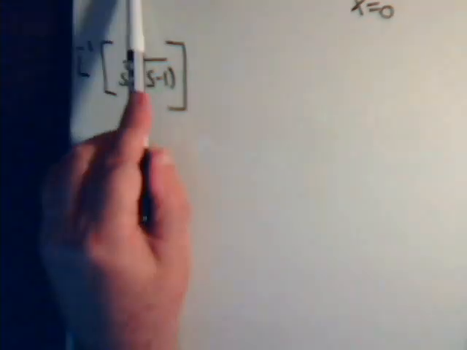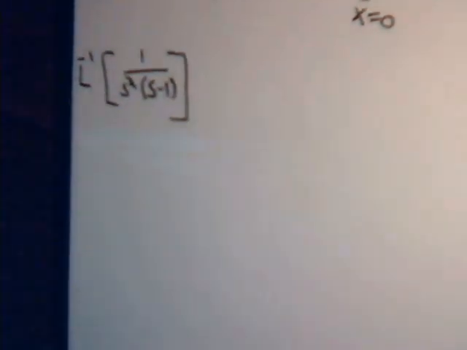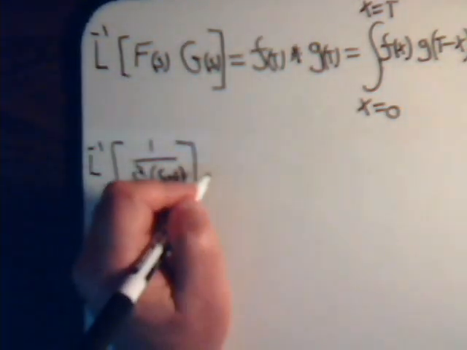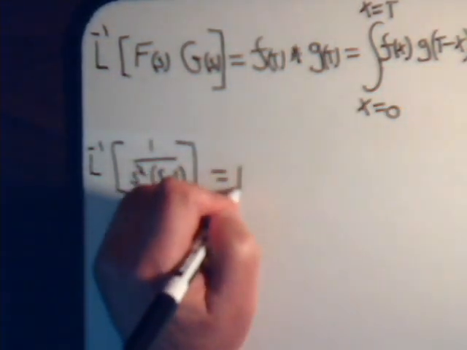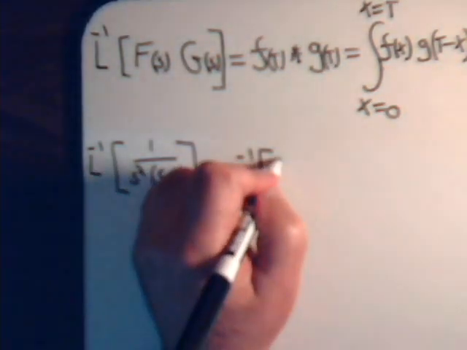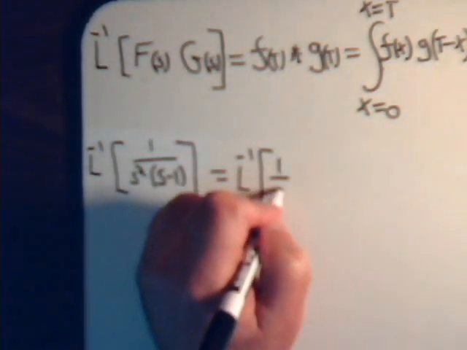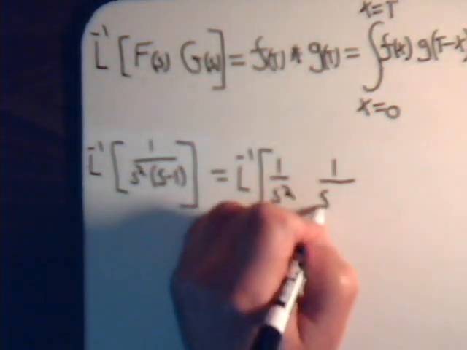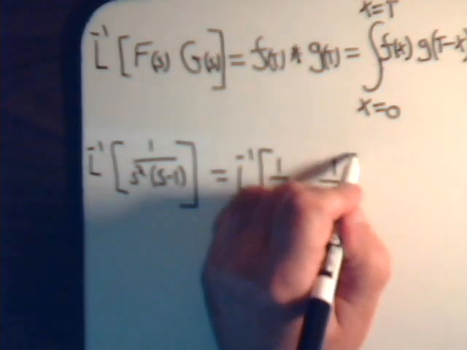How can we solve this one? So again, we write it as a product of two Laplace transforms. And this looks like it would be pretty straightforward. We have 1 over s squared times 1 over s minus 1.